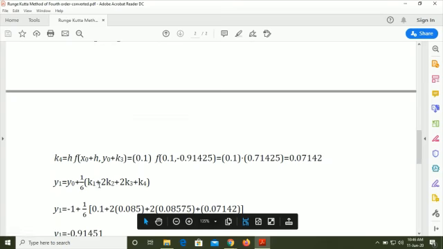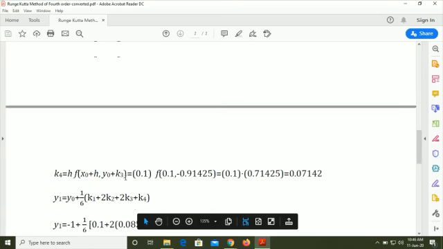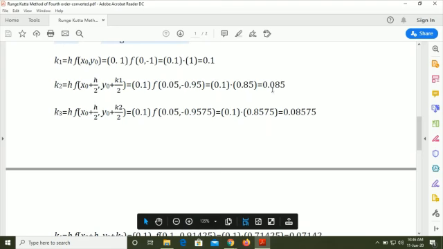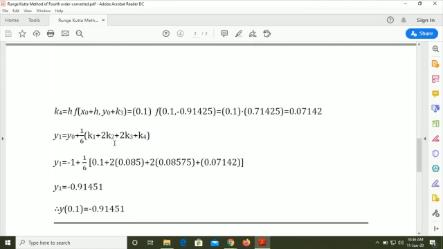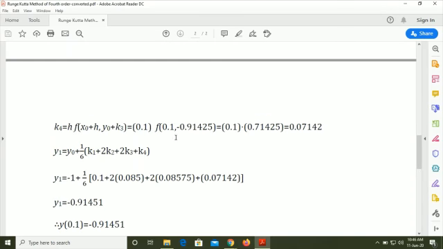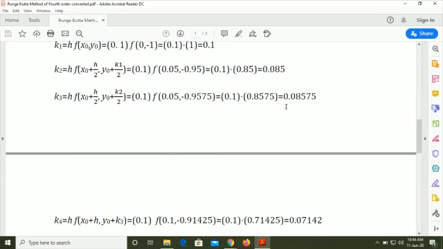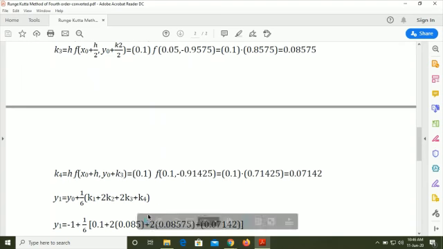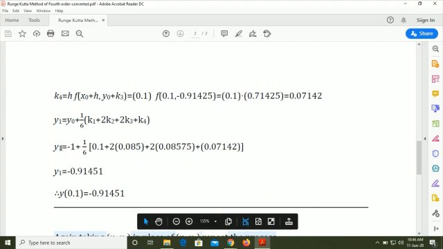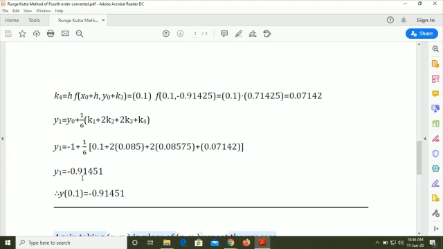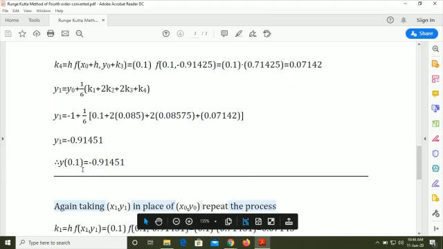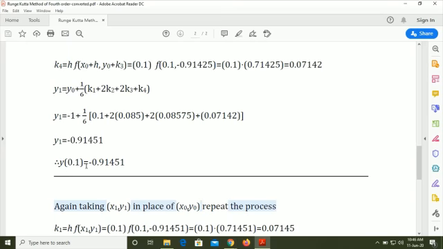So 0.1 plus 2 times k2, k2 is 0.085 plus 2 times k3, where k3 is 0.08575 plus k4, with k4 0.07142. Now simplifying this, we can get y1 equal to minus 0.91451. That is y at 0.1 is minus 0.91451.